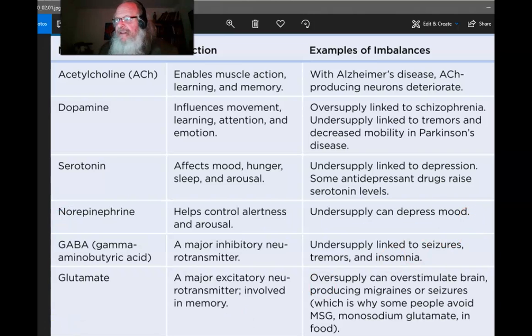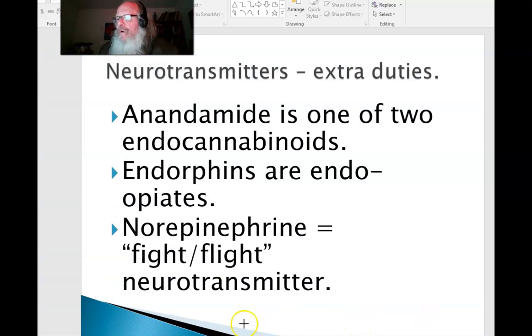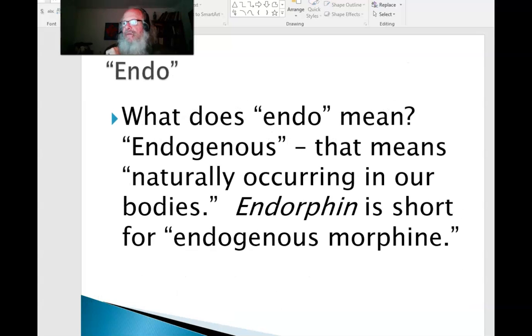So more specifically than this chart informs us, I want you to recall that norepinephrine is the major fight or flight neurotransmitter. And again, going back and trying to catch us up on the specifics of what all this means.